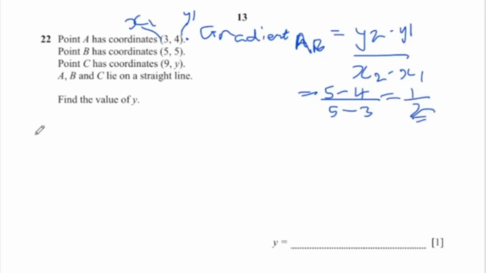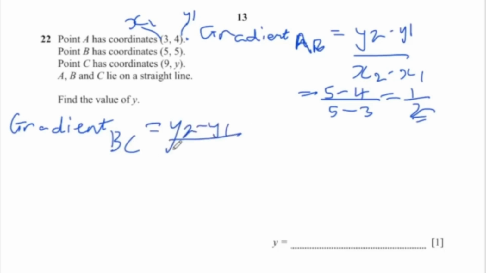Okay, now let's find the gradient of, we can choose any of the coordinates. In this case, I want to choose the coordinates B and C. So I'll say gradient BC. In this case, we use the same formula, y2 minus y1, divided by x2 minus x1. Good.